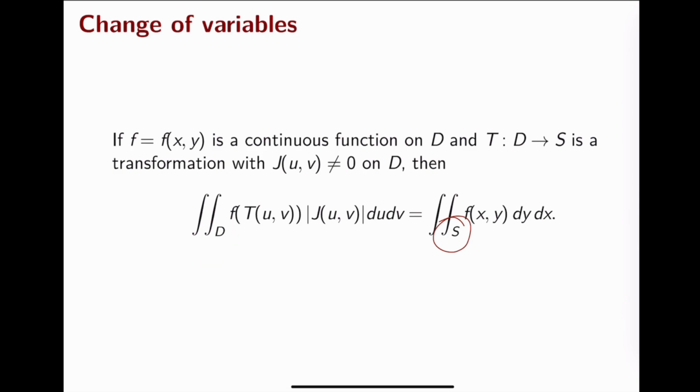And in here, the function is going to be evaluated at whatever the transformation, the image of the function is. And we have to multiply here by the absolute value of the Jacobian. So be sure here that you pay attention to the notation, since the Jacobian itself is a determinant, but this notation here means absolute value. So it's the absolute value of the determinant.